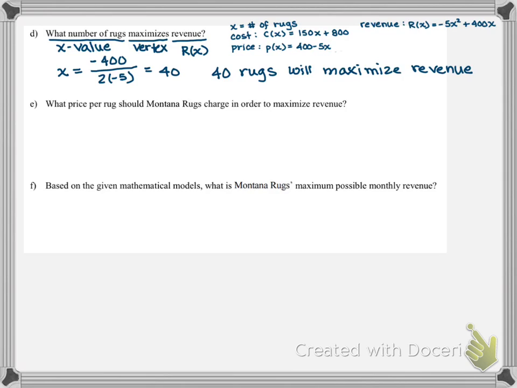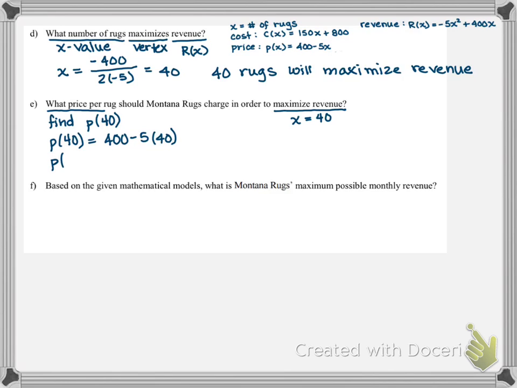So if I want to know what price I should charge in order to maximize revenue, what function should I use? P of X, my price function, good. So I need to use P of X, and if I'm maximizing revenue, my quantity is 40. So I want to find P of 40. So P of 40 equals 400 minus 5 times 40.